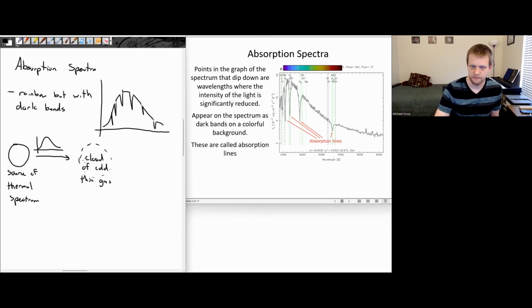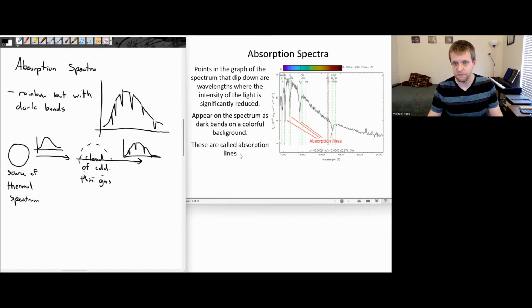As that light moves through that cloud of cold, thin gas, there are certain wavelengths of light that the atoms in that cloud are going to be really good at absorbing, and it's going to remove those colors of light from the spectrum. So by the time this light has made its way through, we're going to get that spectrum that seems to be missing a few of those colors. We had the thermal spectrum before, but that light passed through this cloud of cold gas, and now some of those colors of light have been absorbed.